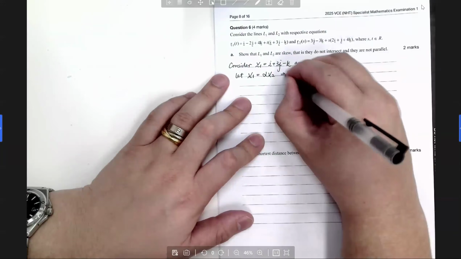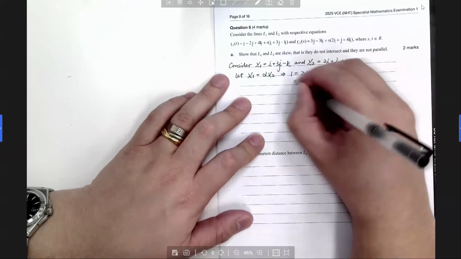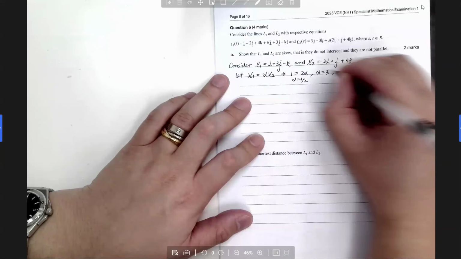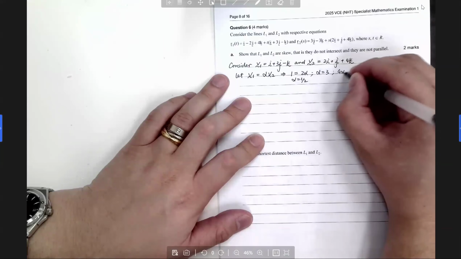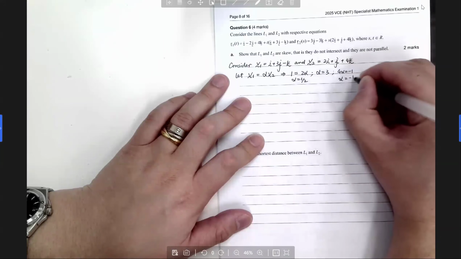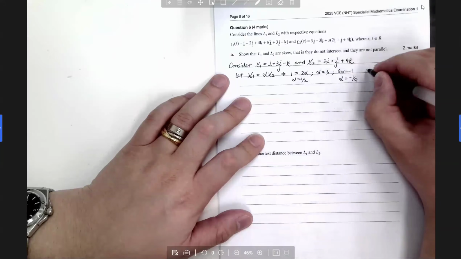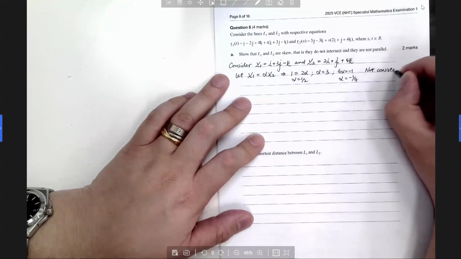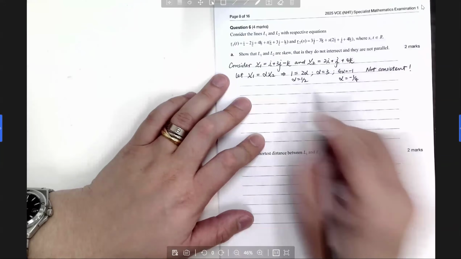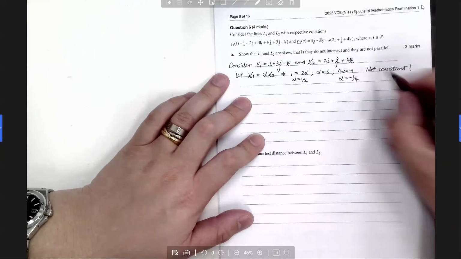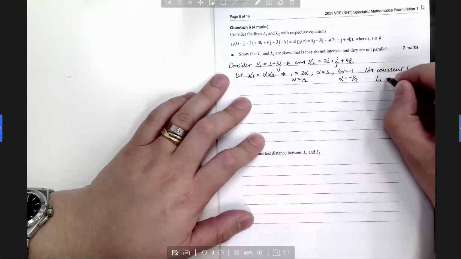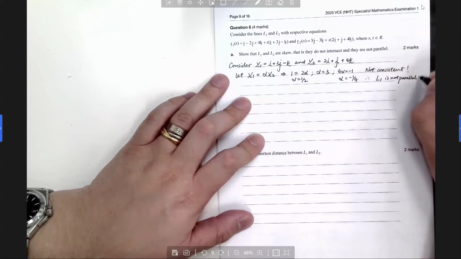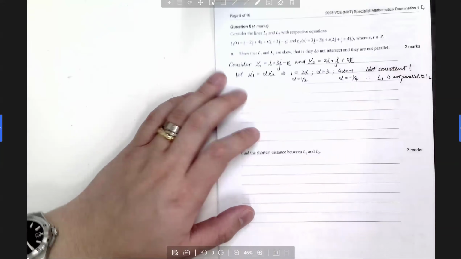Then we get 1 equals 2 alpha, so alpha equals a half, and alpha equals 3, and also 4 alpha equals minus 1, therefore alpha is minus 1/4. Not consistent. You can see the 3 alpha values are not consistent. Therefore, L1 is not parallel to L2, okay? Something along this line.